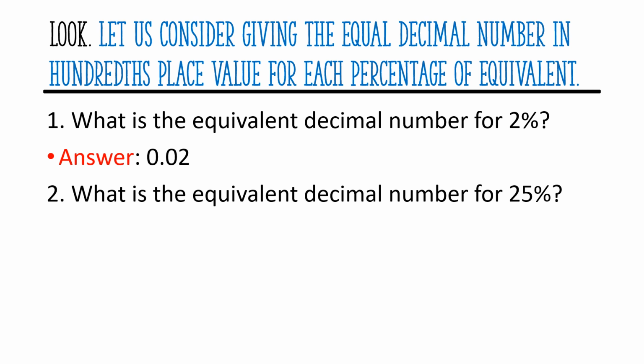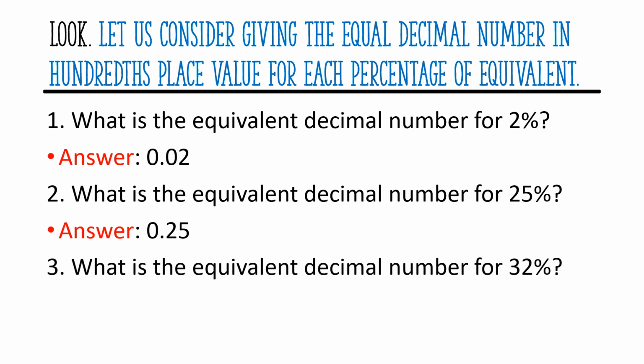What is the equivalent decimal number for 25%? Are you ready? And the answer is 0.25 or 25 hundredths. Number 3. What is the equivalent decimal number for 32%? And the answer is, everyone, very good, 0.32 or 32 hundredths.